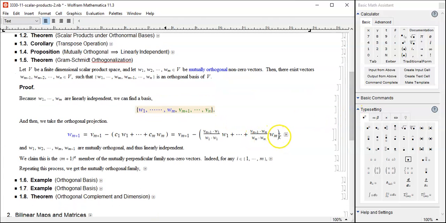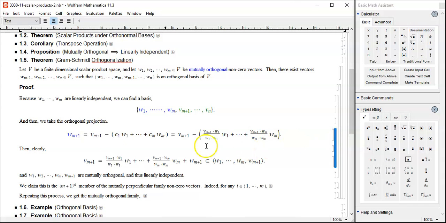So we have our Wm plus 1. Okay, we have to check something for Wm plus 1. One small, one big. One small, here we go. Vm plus 1 actually belongs to the span of W1 through Wm plus 1, yes, because Vm plus 1 is, as you can see, a linear combination of W1 through Wm and also Wm plus 1.